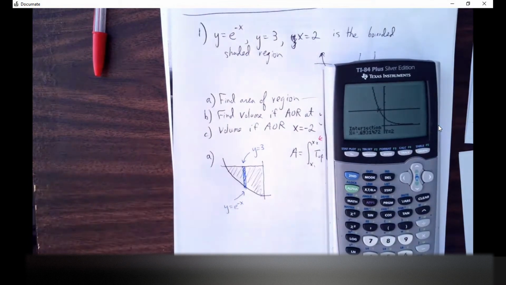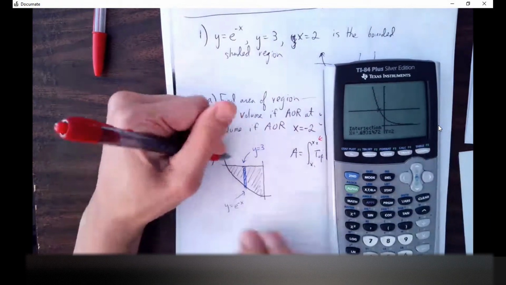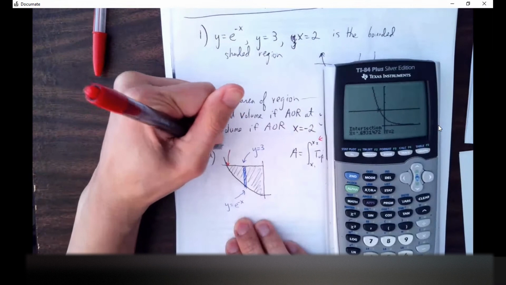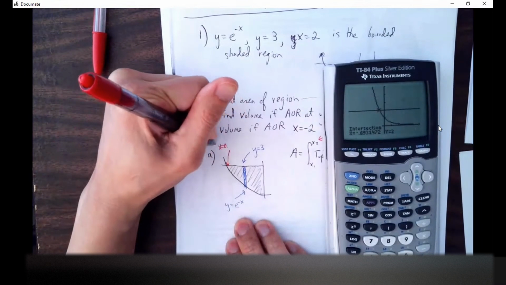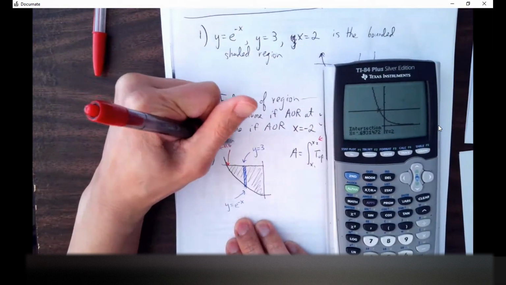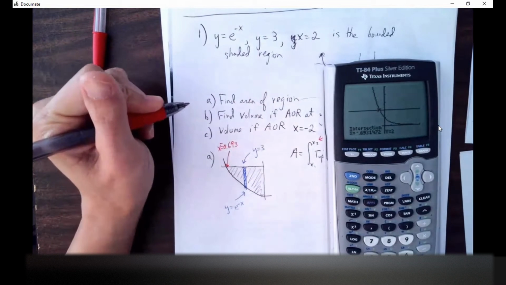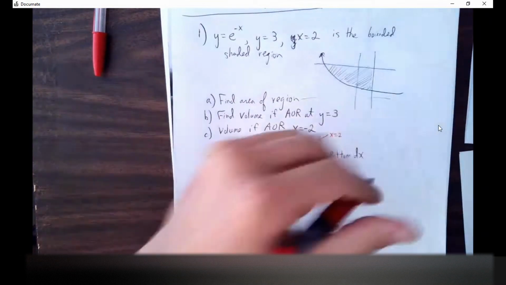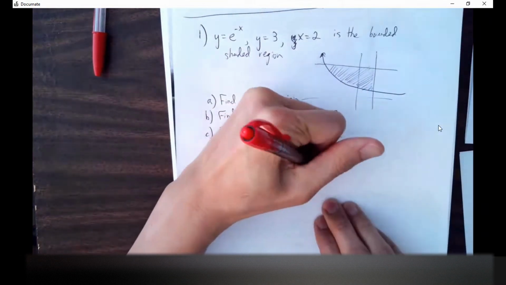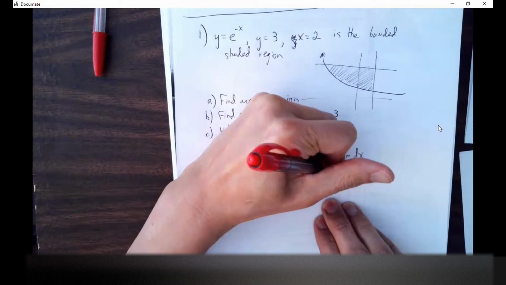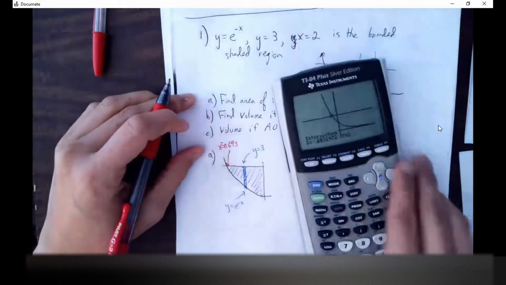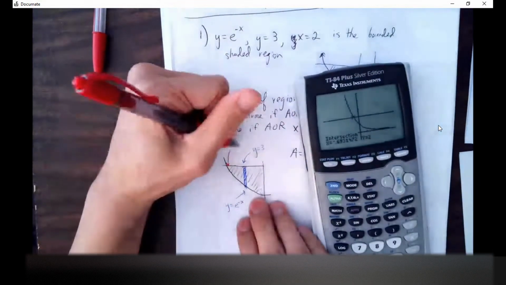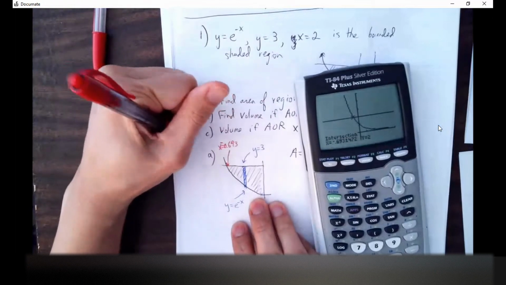0.693. We care about the x value. Oh, negative. Well, let's go ahead and put down the y value. Yeah, well, we know it's going to be 2, right?